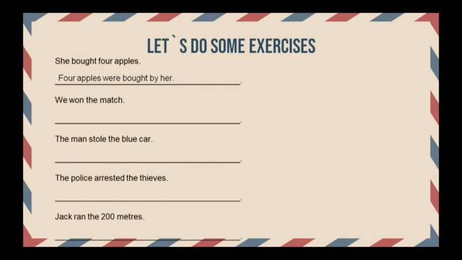Then the next one: we won the match. We is a subject, won is a verb, the match is an object, so the match has to be the subject in the passive sentence. Then the match was won by us.